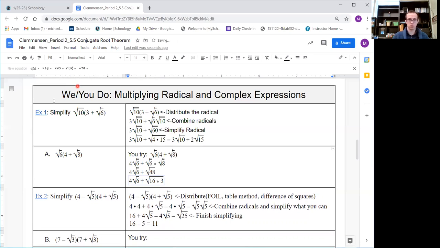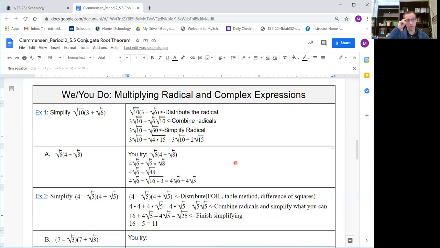All right, so that's equal to, same thing, 4 root 6 stays the same, plus 4 root 3. And that's my final answer. Right, 4 root 6 plus 4 root 3.